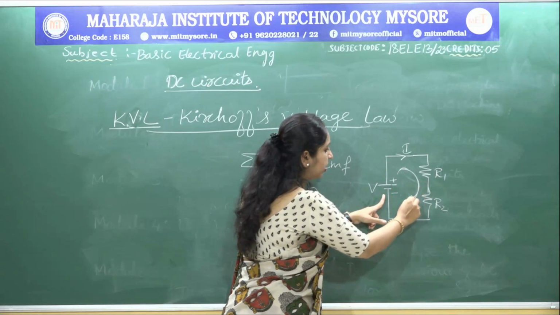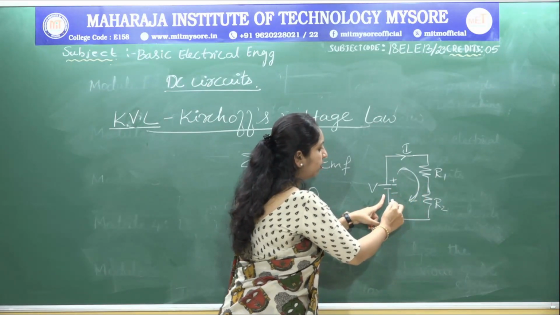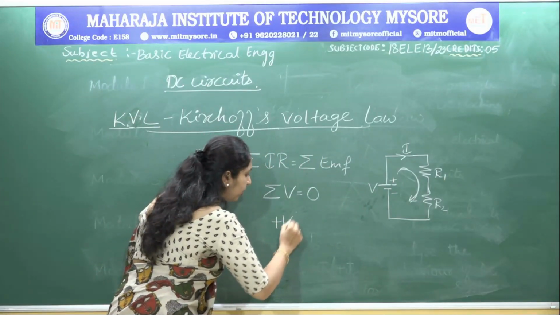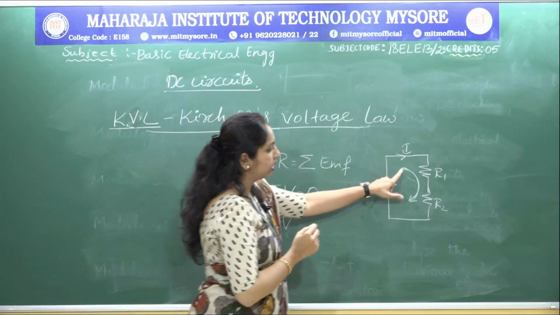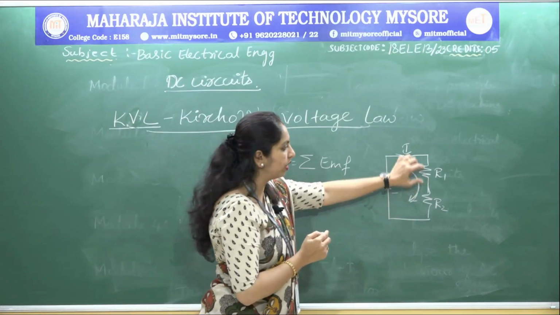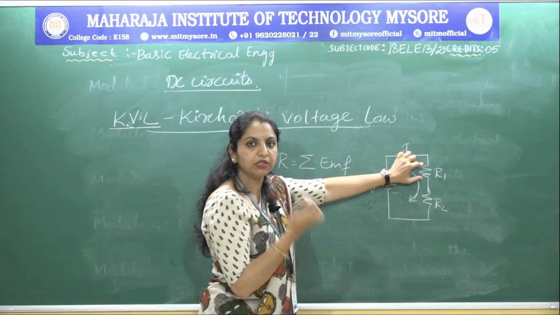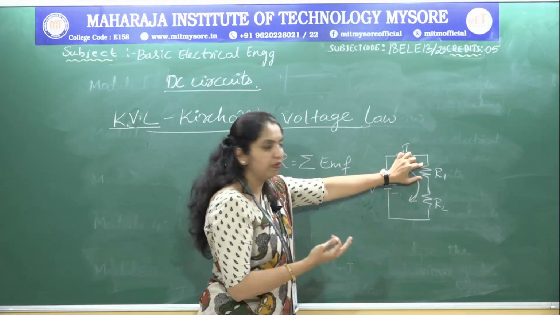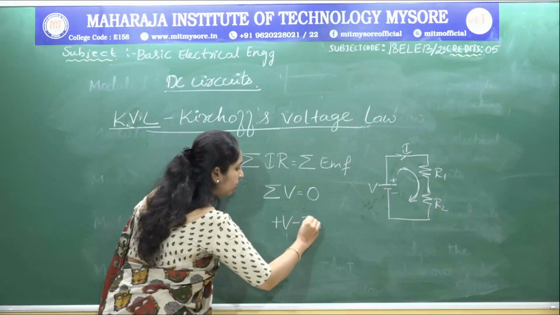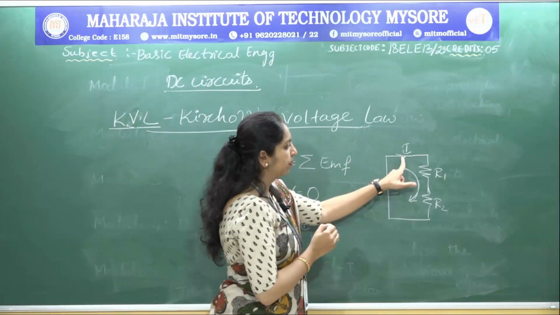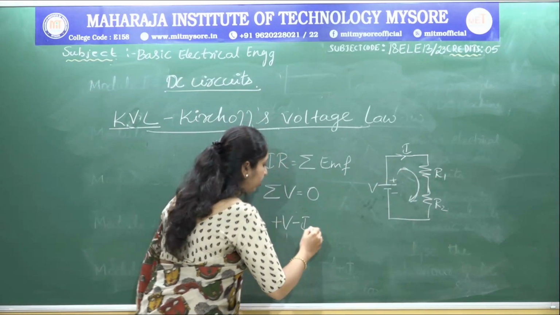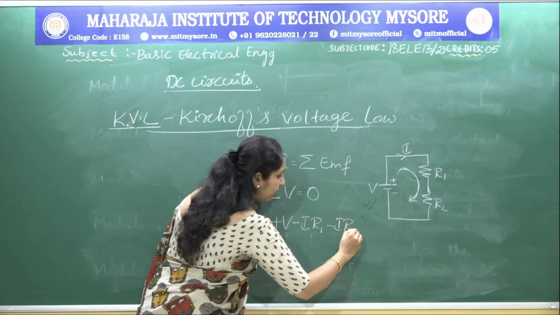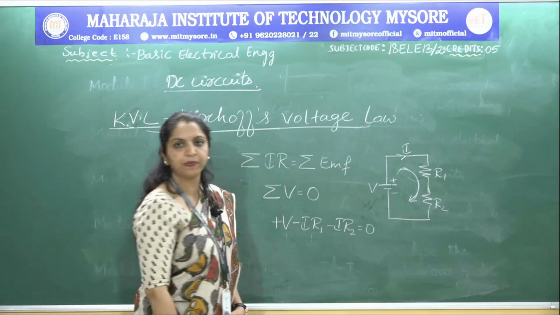When it is moving in this direction, there will be a rise in voltage, so this will be treated as plus V. Then whenever we have a resistor, there will be a drop in voltage, so minus, because the current gets multiplied with R1: minus I into R1, minus I into R2 is equal to 0.